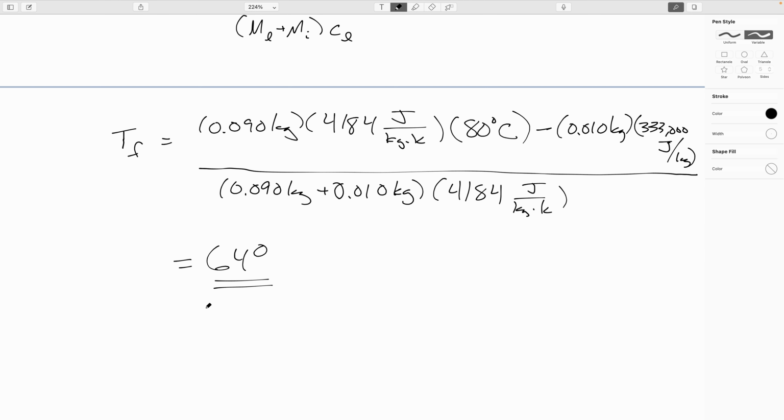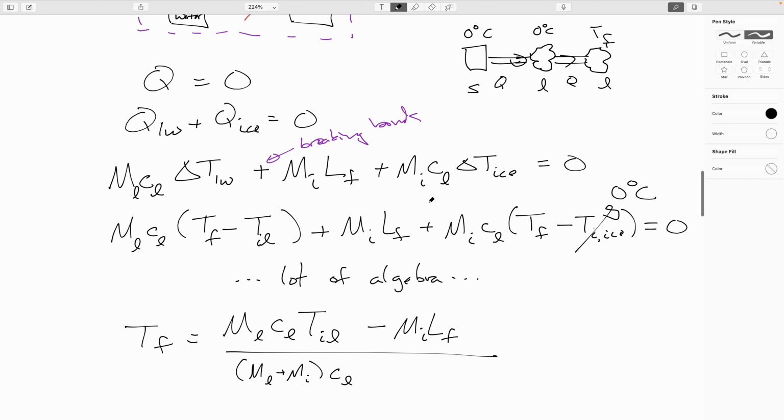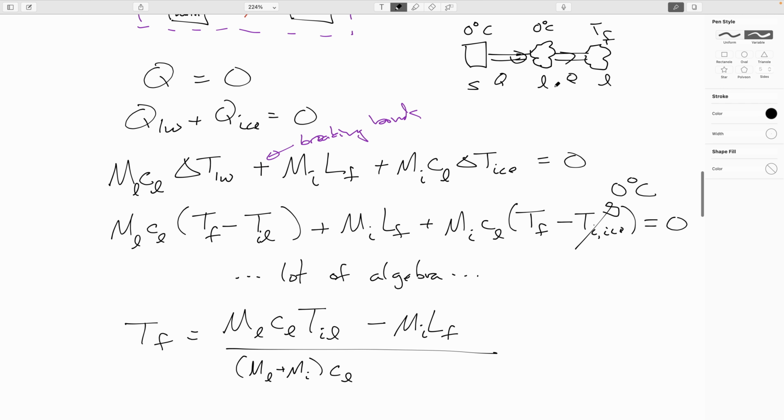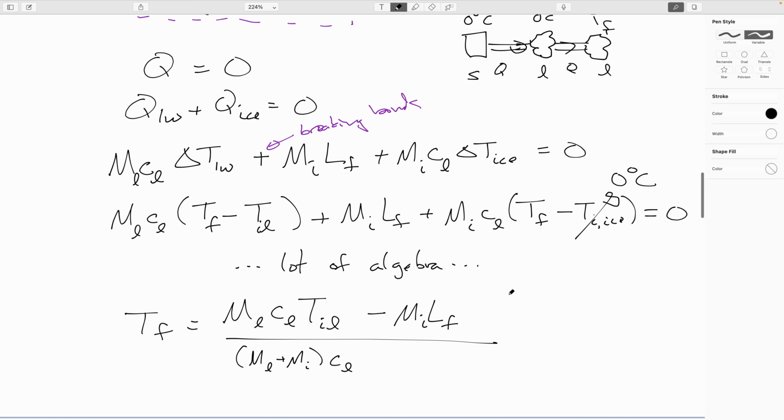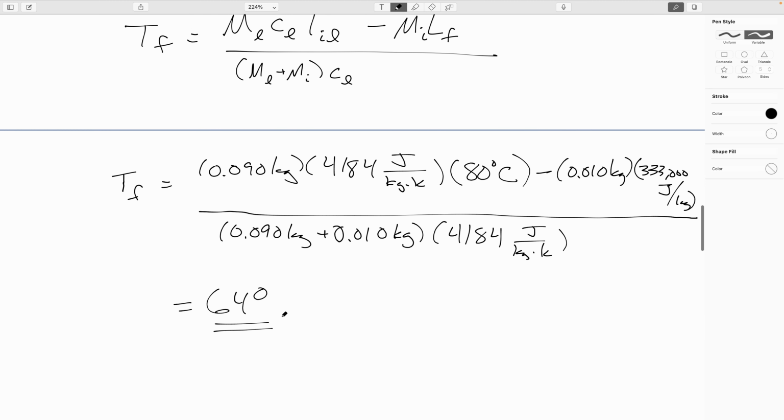And so then usually the question will be how much of it ended up in each phase. But what you would have to do is go back to here and just get rid of this term, where you raised the melted water's temperature, and solve for the change in the mass of the ice, or something like that. But you always have to do this sanity check.